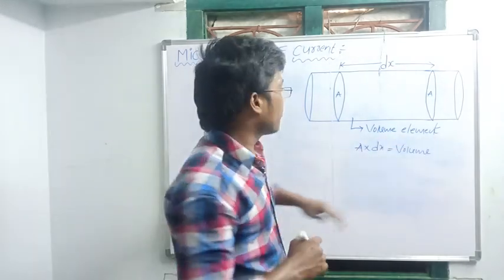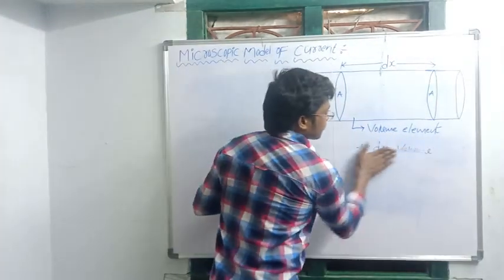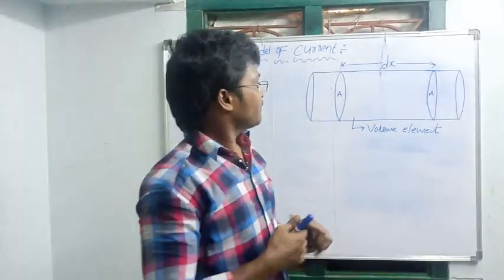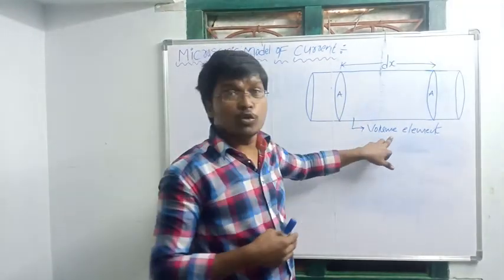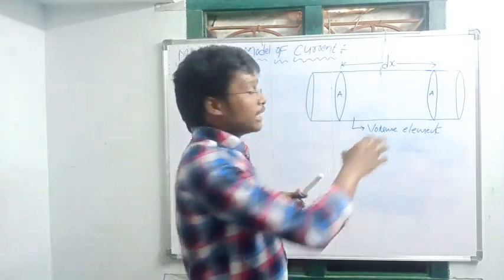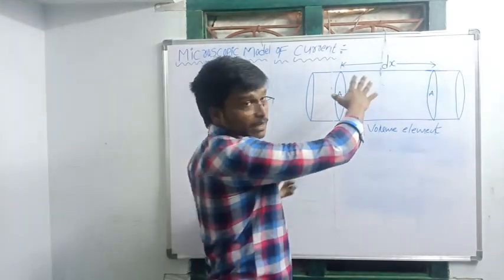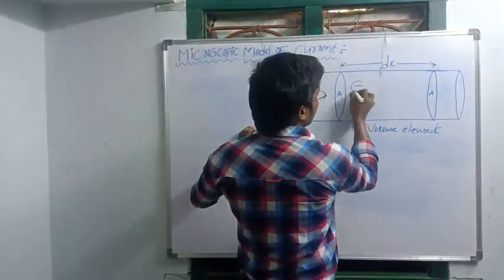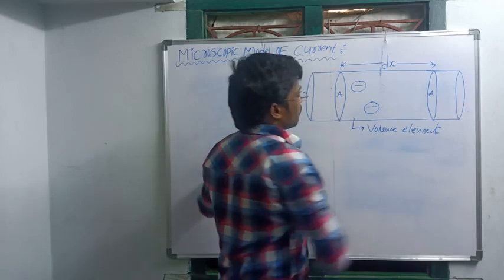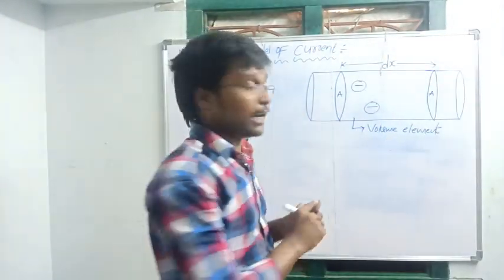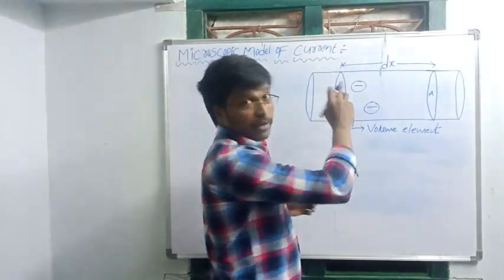Okay, and this volume element has n number of electrons. How many electrons does this volume element have?